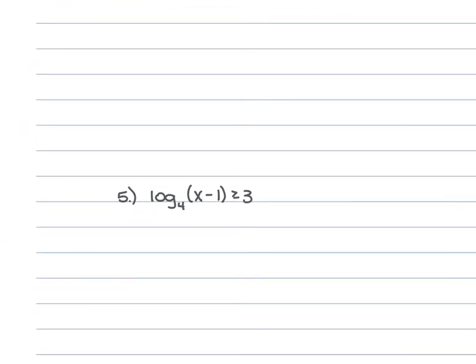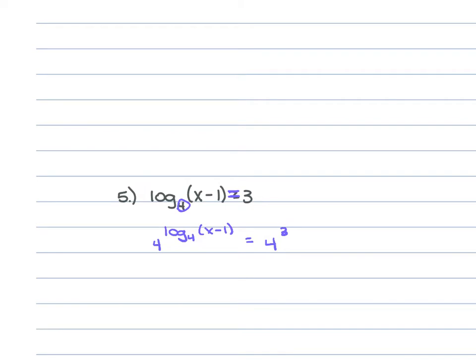For 5, we have log 4 of x minus 1 is greater than or equal to 3. Again, I'm just turning this into an equation, and then I'm going to work from there. So here our base is the 4. So we want to have 4 to the power of log 4 of x minus 1 is equal to 4 to the third power.